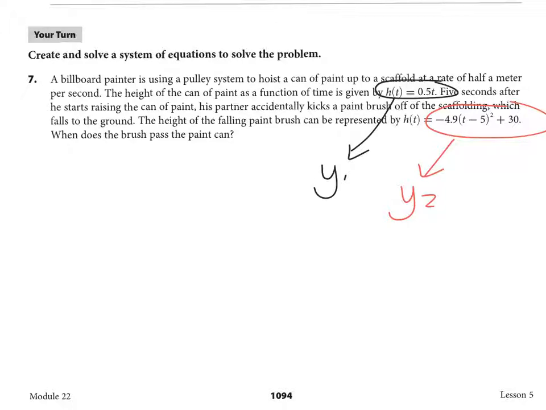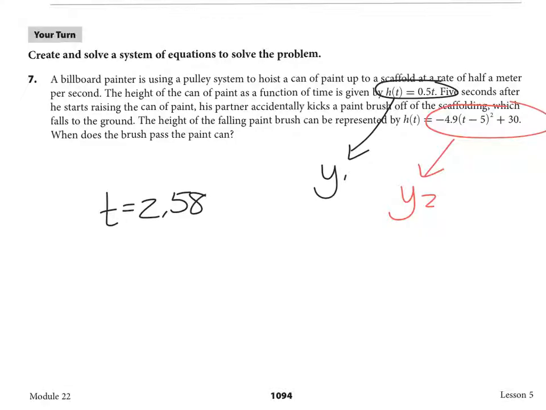So there's my line, and then there's my parabola. So it intersects twice. So I'm going to do second trace, number 5, enter 3 times. So the first answer I get is T is 2.58 rounded.